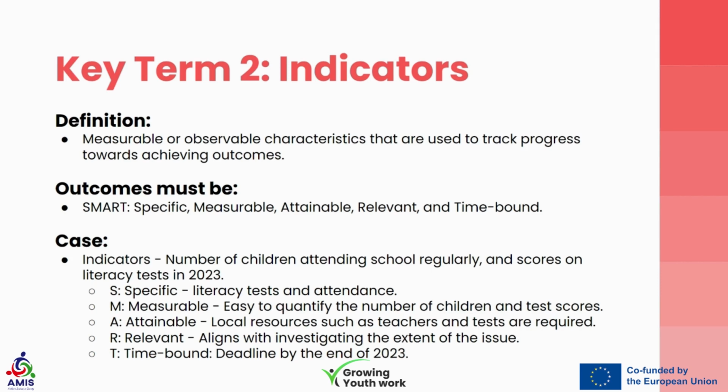A. Local resources such as teachers at schools and testing mechanisms would be required. R. The indicators align with the investigation of how extensive the issue is. And T. By adding 2023 as the deadline, the indicators are also time-bound.